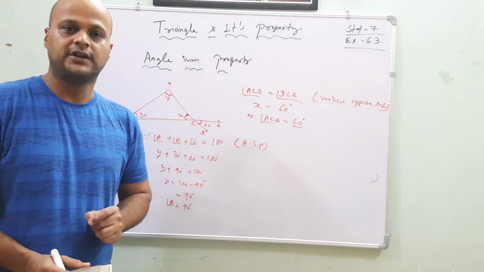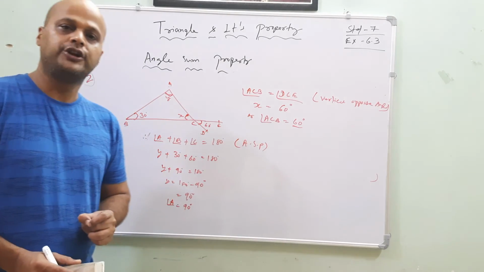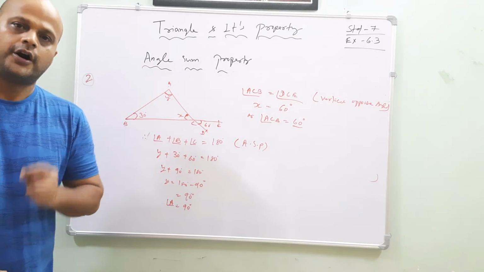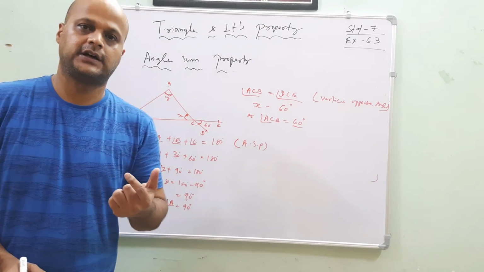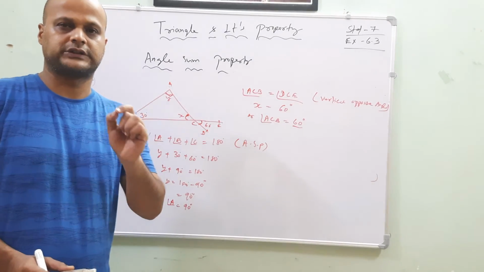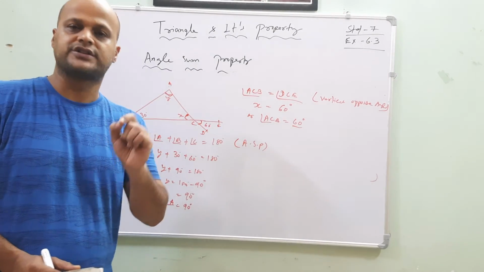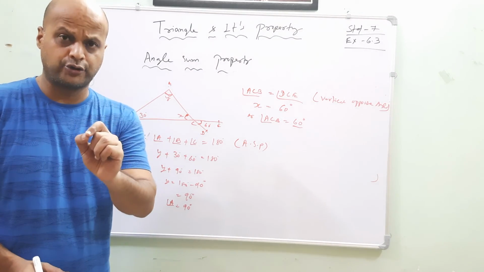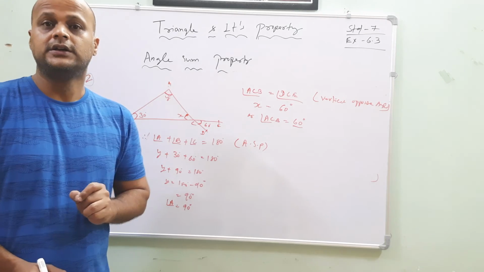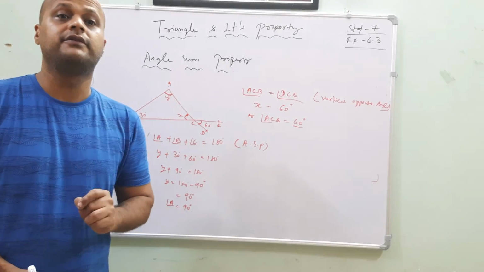Understood, my dear friends? So, can you do it right now? Can you? Otherwise, just try it at home, my dear friends. Some questions I will not do, because they will be tried by you only, so that you can understand very easily.